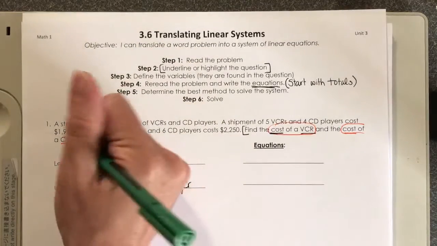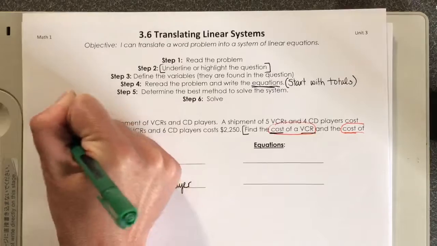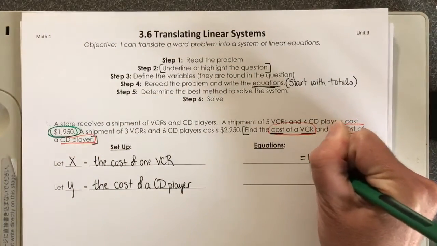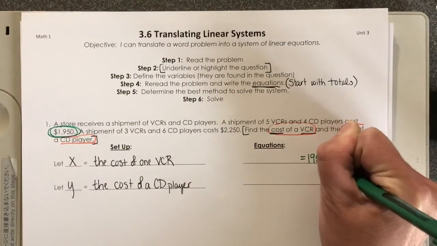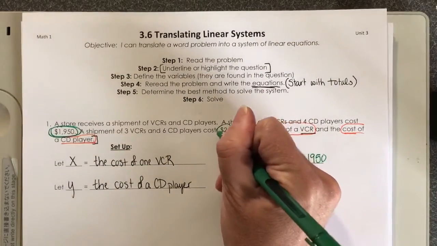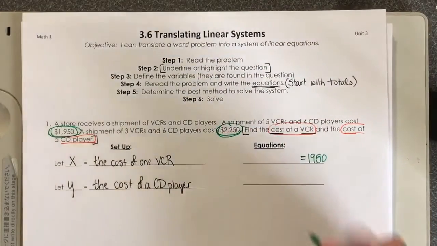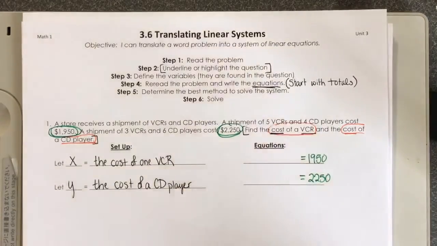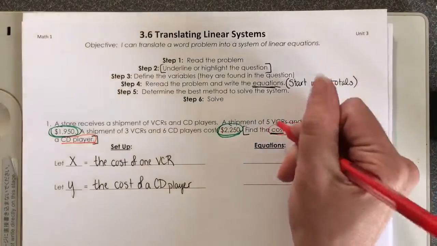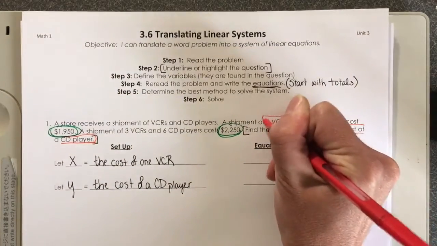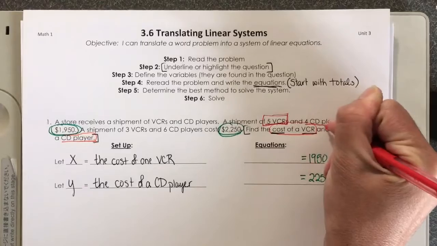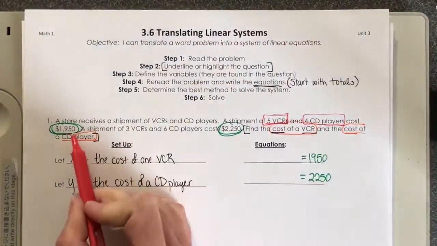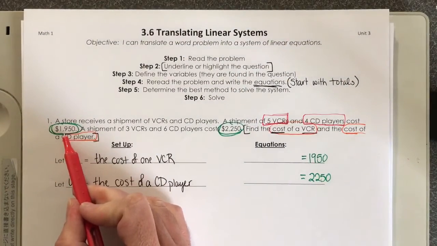Well, $1,950, that appears to be a total. And $2,250, that also appears to be a total. So now that I've done that, notice how there's other numbers that stick out, like 5 VCRs and 4 CD players cost $1,950.